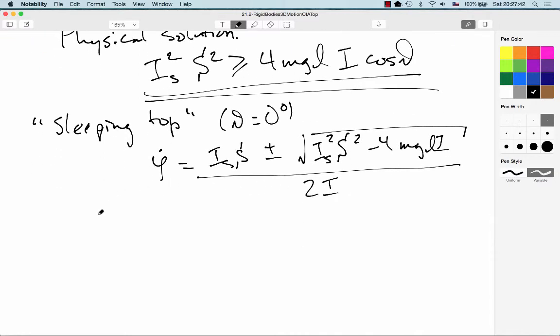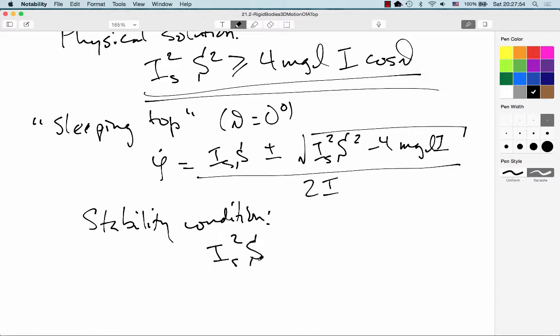So my stability condition is that the spin, I_S S squared, I have to be spinning fast enough that this quantity is greater than 4 mgl I, or else I just plain flop over.